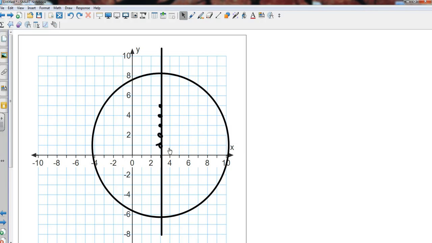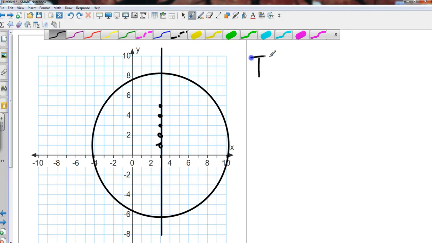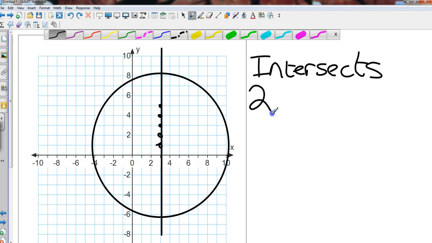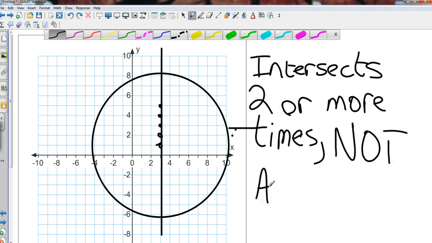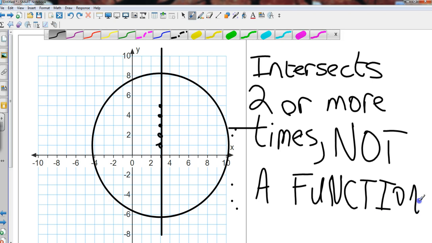So if it intersects 2 or more times, it is not a function.